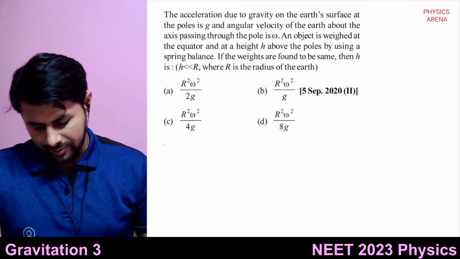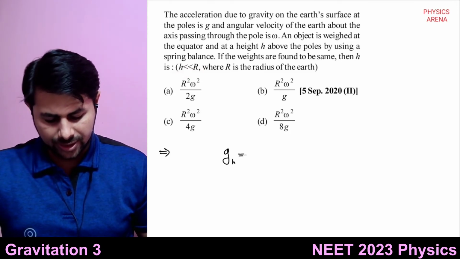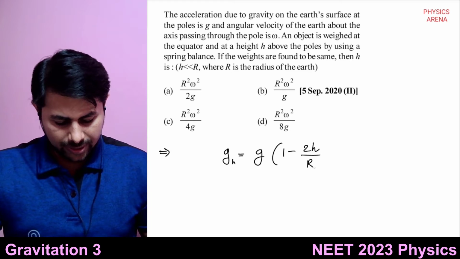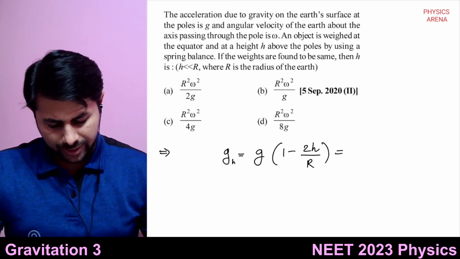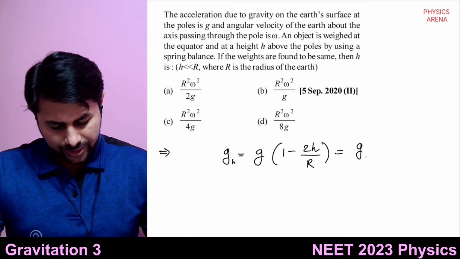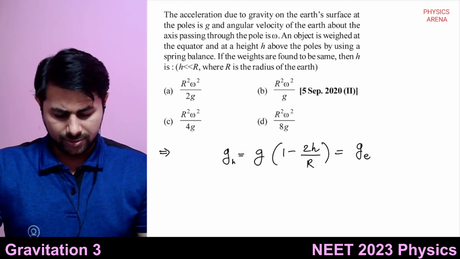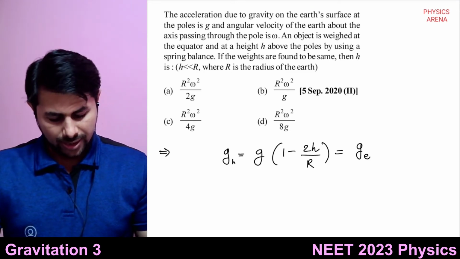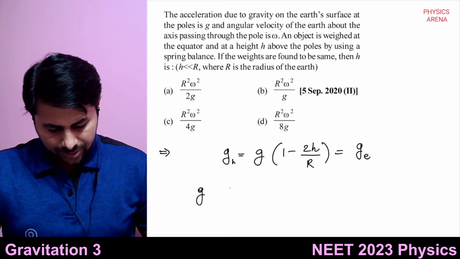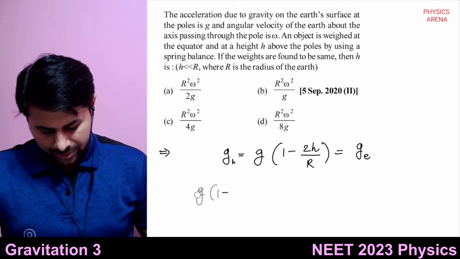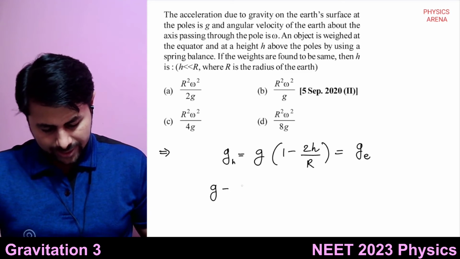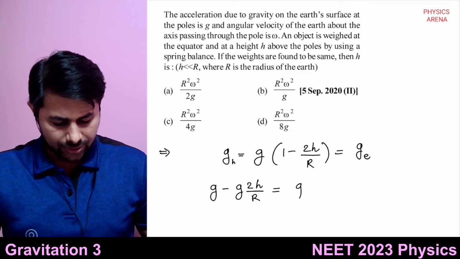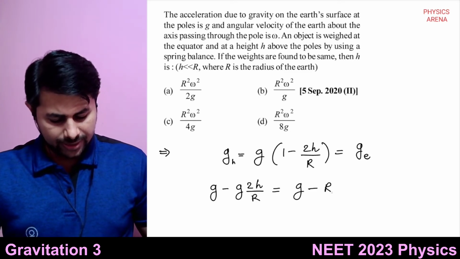That means we can use gh equal to g multiplied by 1 minus twice h upon r, and they are calling this equal to G at the equator. The weight of the object is the same means acceleration due to gravity is the same. And what is G at the equator? So I will write G minus G multiplied by twice h upon r is equal to G at the equator, which is G minus r omega square.